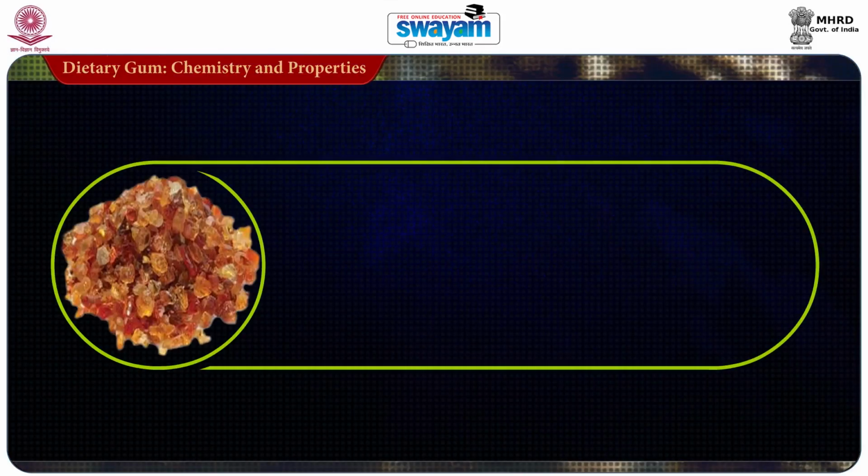Gums are one of the functional fibers, and we shall now study the chemistry and properties of dietary gums. Gums are a diverse group of indigestible polysaccharides.